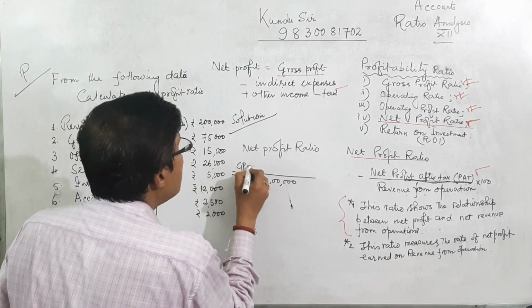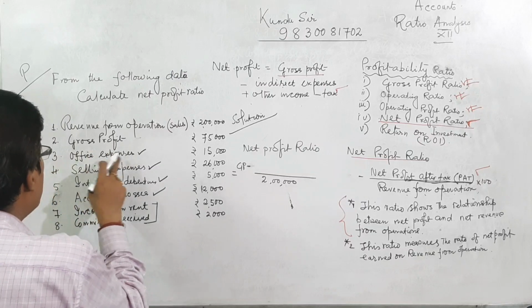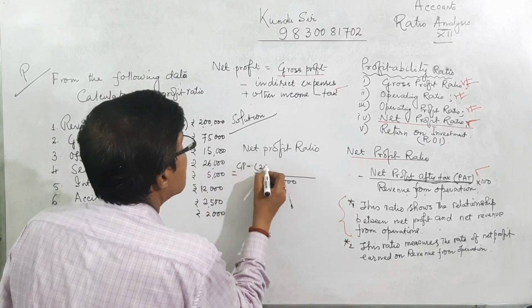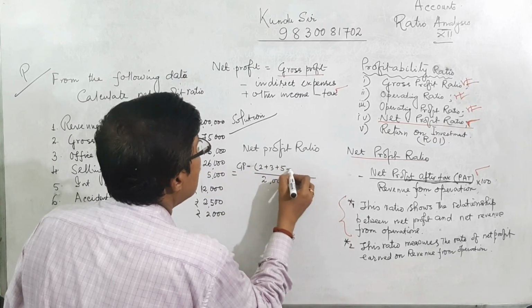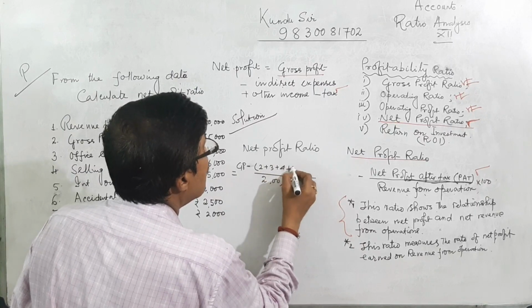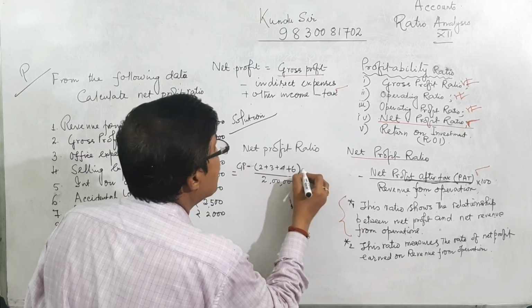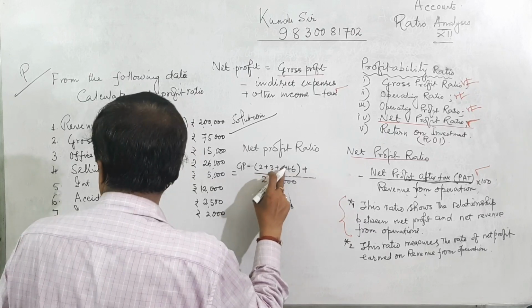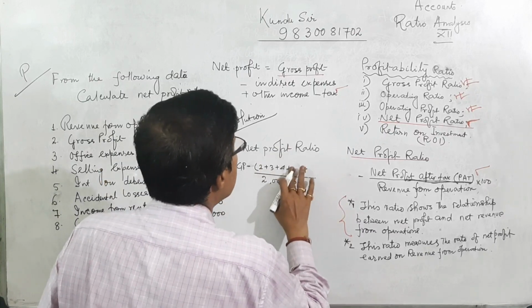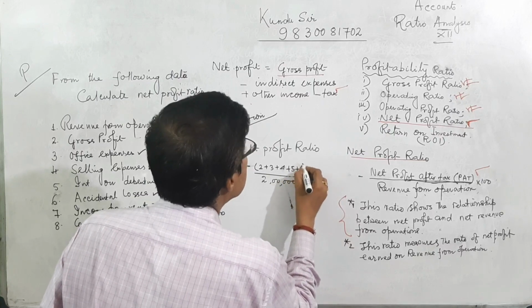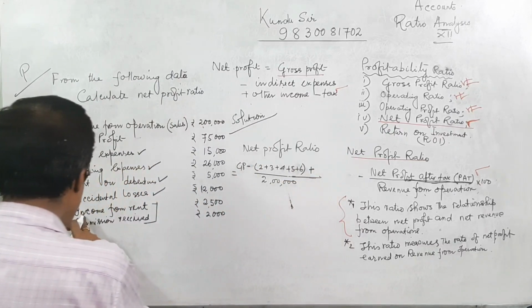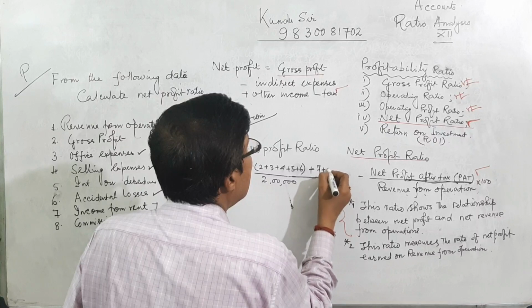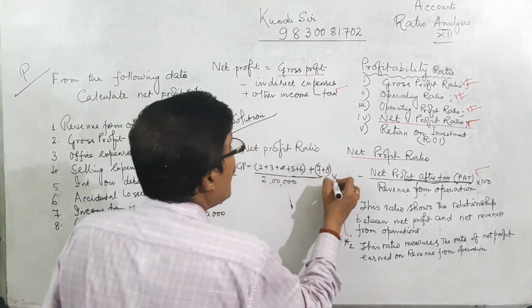Gross profit minus, we should deduct items 2 plus 3 plus 4 plus 5, plus indirect income, other income, items 7 and 8, into 100.